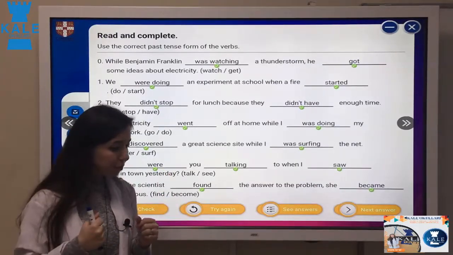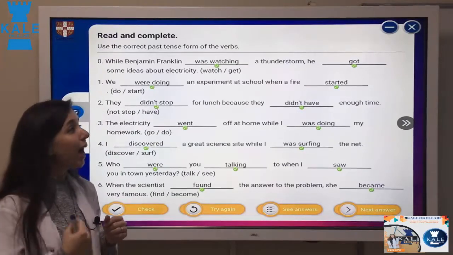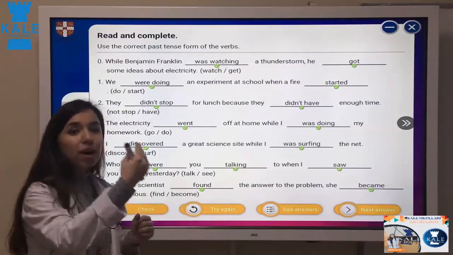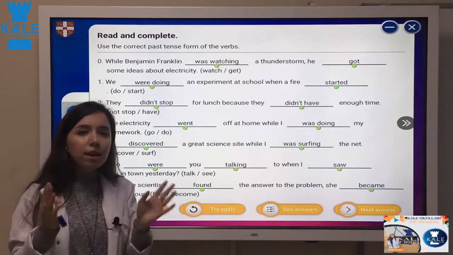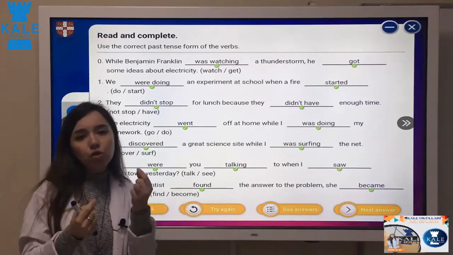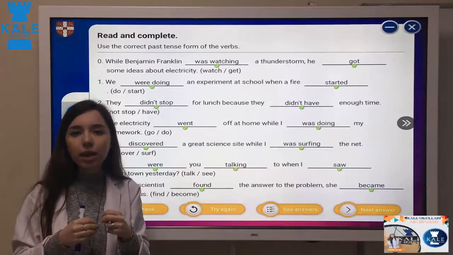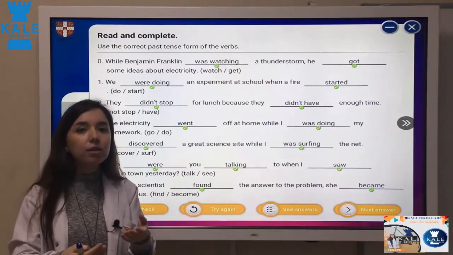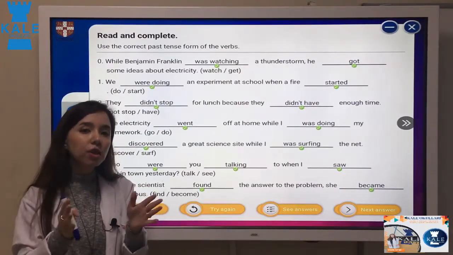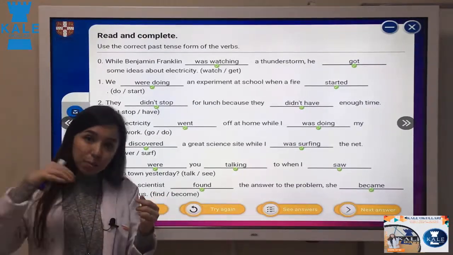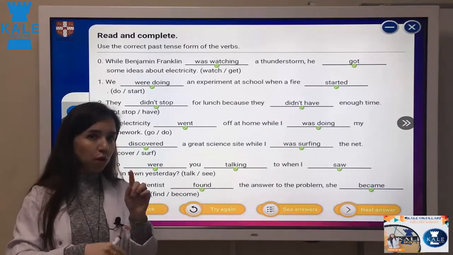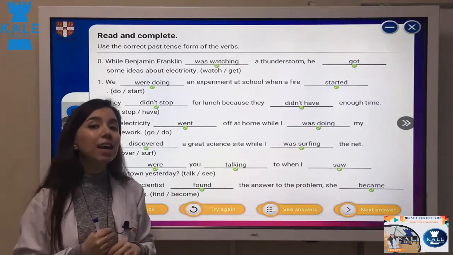For example, now what I'm doing, I was teaching when somebody came in the class. So, when I was teaching, somebody came, just for 1 minute, 2 minutes. After that, again I continue teaching. It's not that I was teaching and it's finished. But when somebody came inside the class, just for 1 minute, it's finished. After that, again I continue.